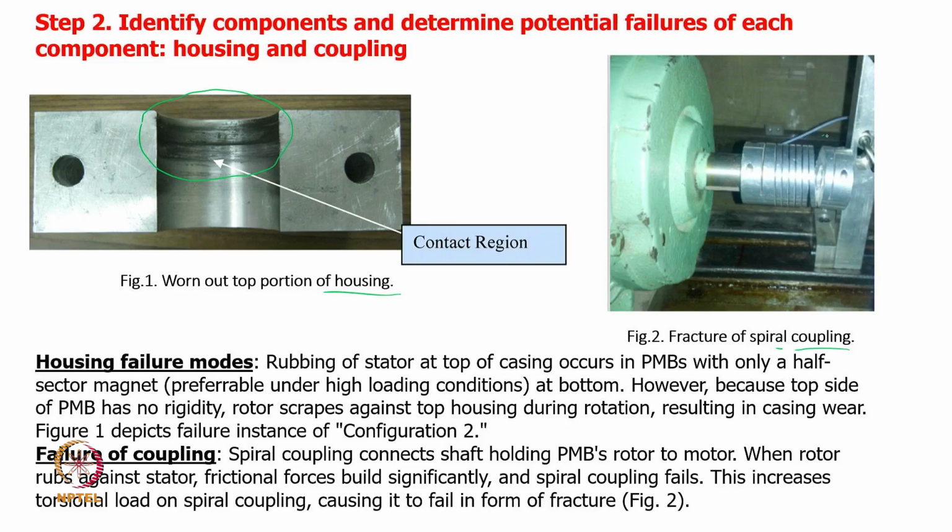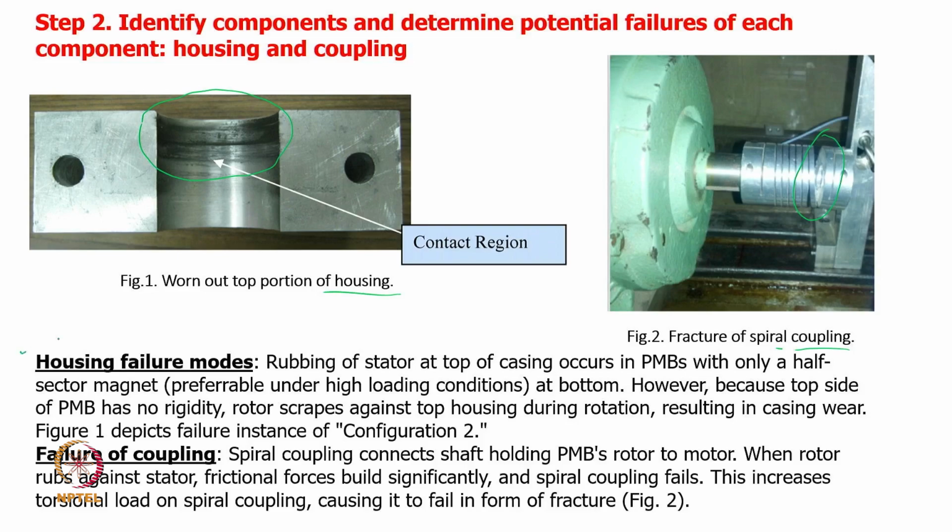You can see that the spiral coupling also has failed. That means there is some sort of unbalance in the rotor, and then there is compression, extension, compression, tension, and because of that there is a fracture of this spiral coupling. So, that is the bad failure as such.